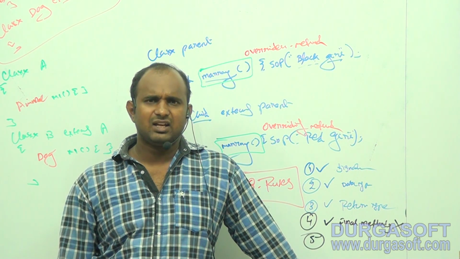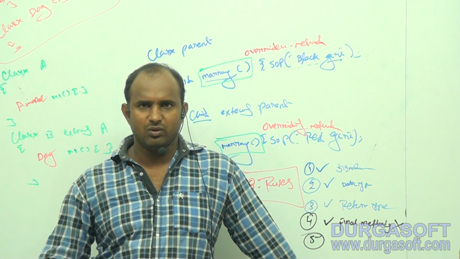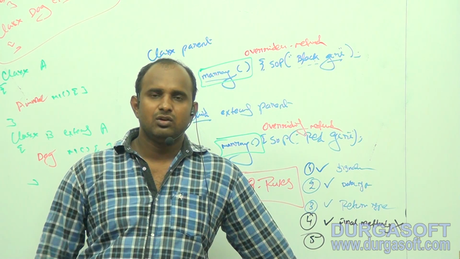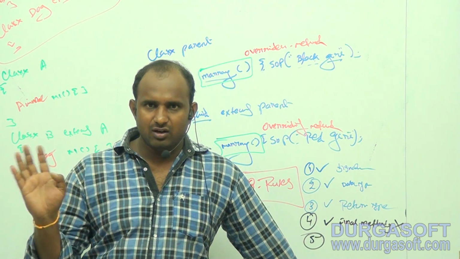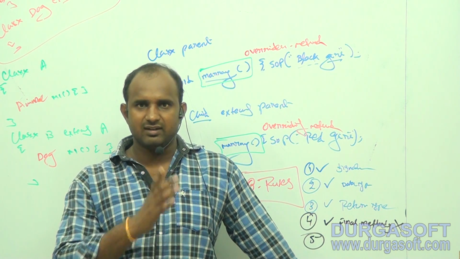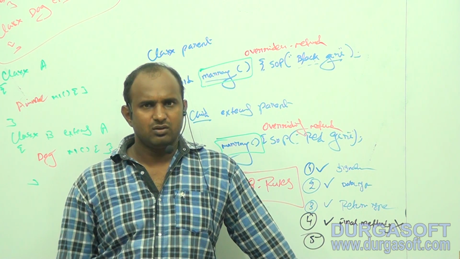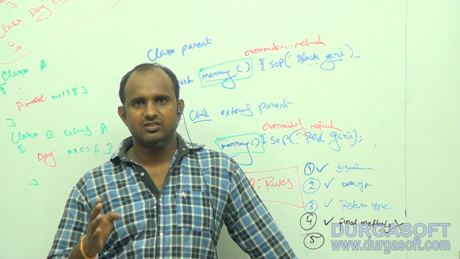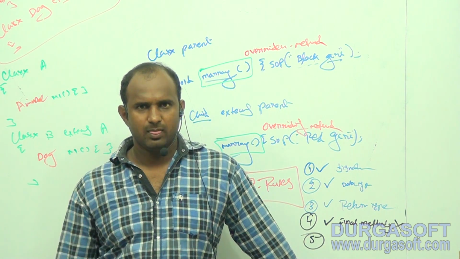Static methods' memory is allocated during class loading. So instance methods are always bound with the object, and static methods are bound with the class. I hope the point is clear.